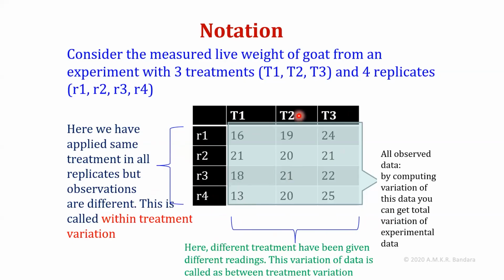We applied the same treatment here and here also. So if between treatment variation is equal to within treatment variation, then we can conclude that there is no treatment effect. If between treatment variation is greater than within treatment variation, then we can conclude that these treatments are different.